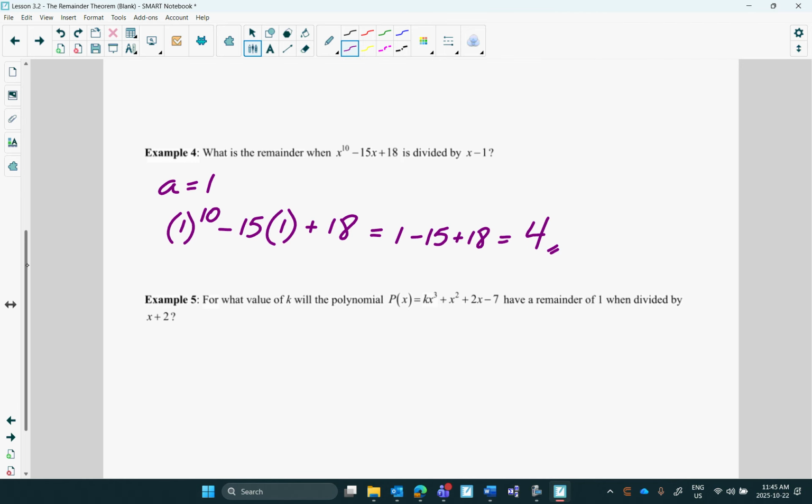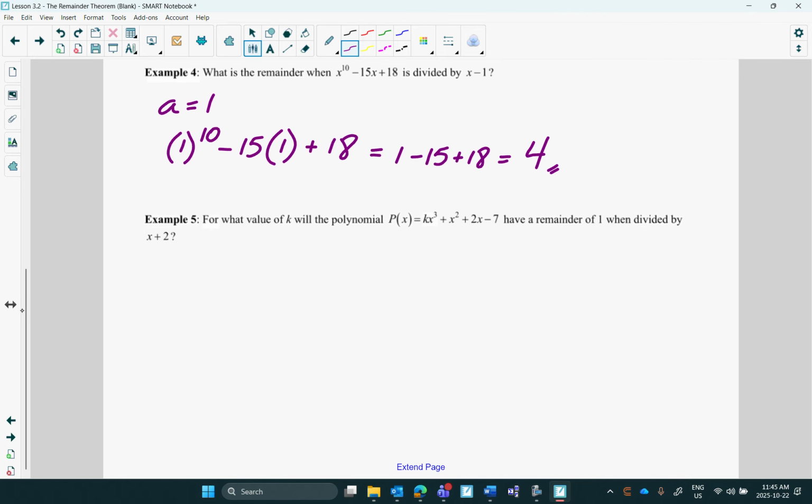A little bit of a challenge question to finish up. You're given a polynomial, you're told what it's divided by, but this time you're told the remainder. So when we take this thing that has a k in it, it's missing a coefficient, and divide it by x plus 2, we get a remainder of 1. Any way on how you can figure this out?